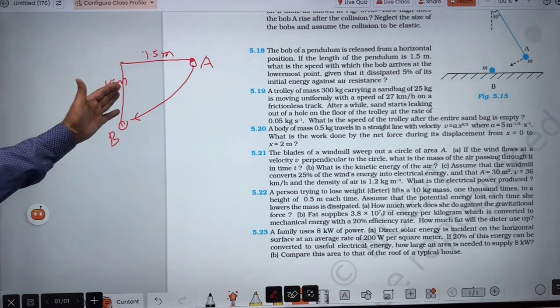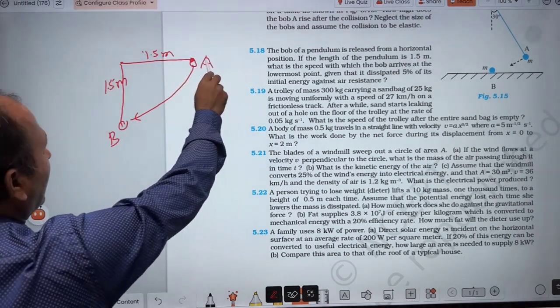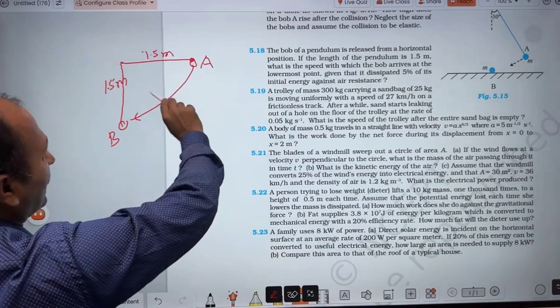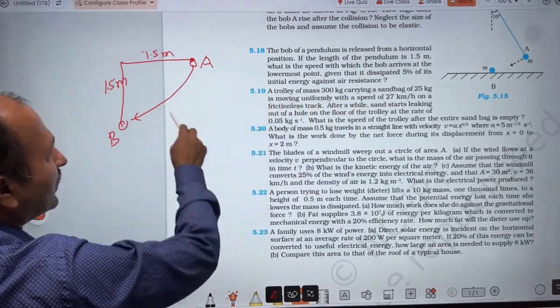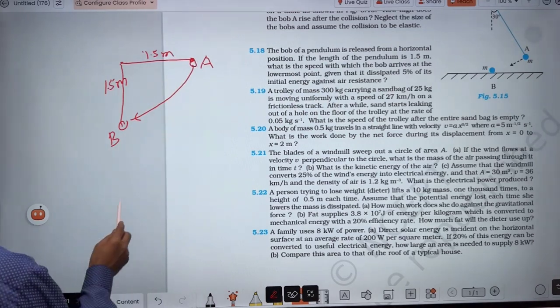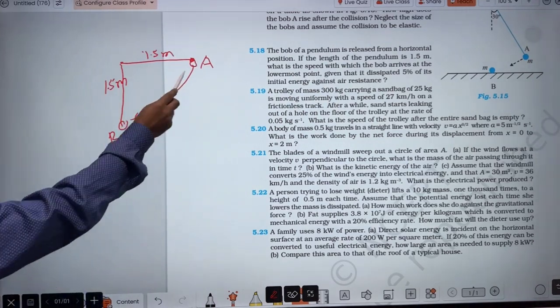What is the condition? The condition says whatever energy it possesses at this point, 5% of it is lost due to air resistance. So first of all, let's find out the energy at this point.